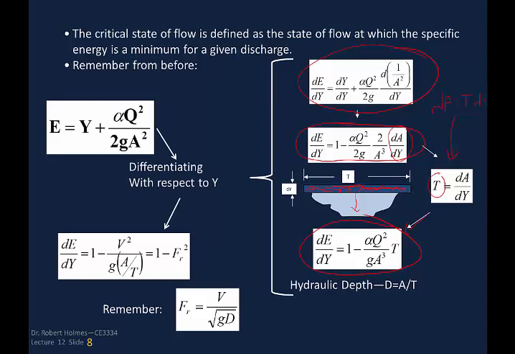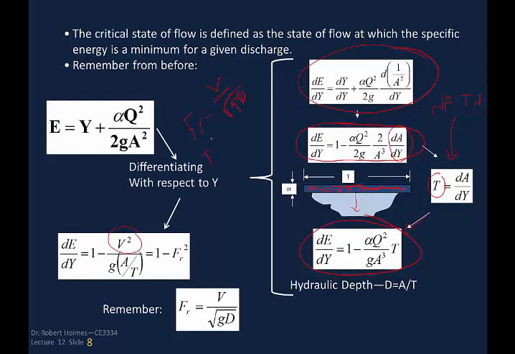Now, as I look at this, I can go back out to a term for the velocity, just plugging back in. If I get rid of the Q squared over A squared and just call that V squared, I notice that I define the Froude number as equal to V over the square root of g times the hydraulic depth.